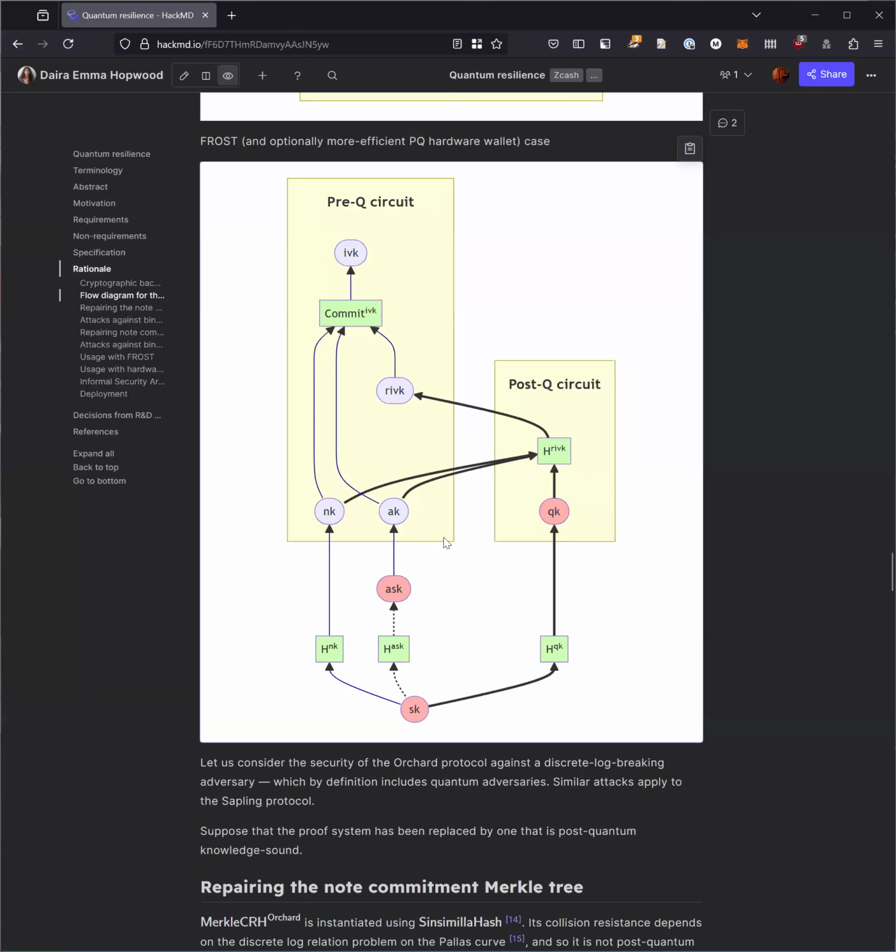Got it. It would be convenient if the ASK share could in some way also be derived from something, if there was some way to ensure that this could be bound in some way.